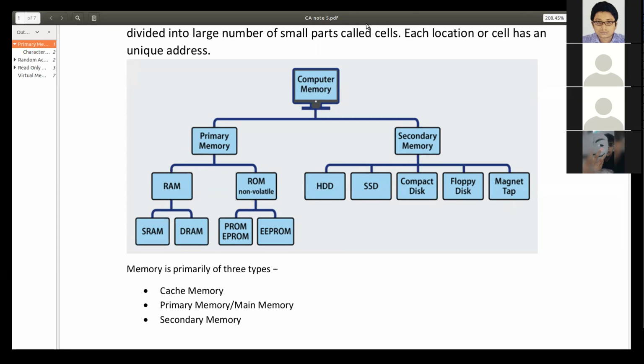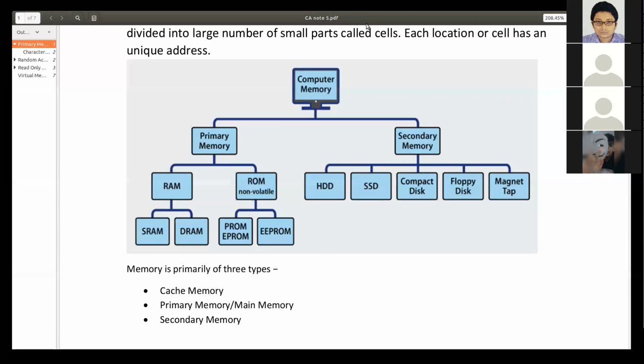Apart from this, there are other memories like cache memory, spelled C-A-C-H-E. We will discuss cache memory. It is a very interesting type of memory, which minimizes our computing time, our data access time.